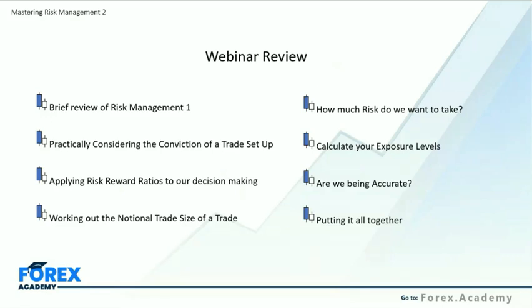We had a look at the conviction of a trade setup. Now I just used a breakout style trade setup for the purpose of this particular webinar. And then we looked at the pros and cons of applying risk reward ratio and how that can impact our trading decisions in terms of discounting an opportunity to perhaps take this trade to the downside, but leaving us open to the potential for the market to push higher.